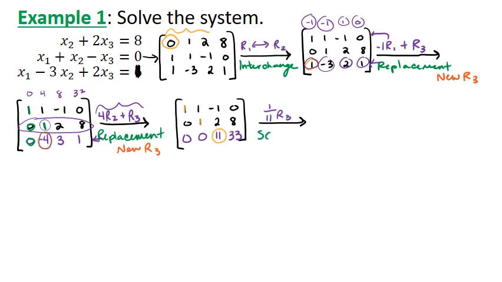This is an example of scaling. And this will become my new row 3. So rows 1 and 2 stay the same. But row 3, I divide everything by 11. So I have 0, 0, 1, and 3.